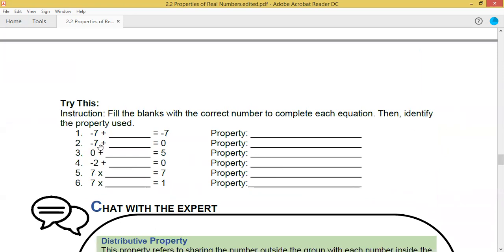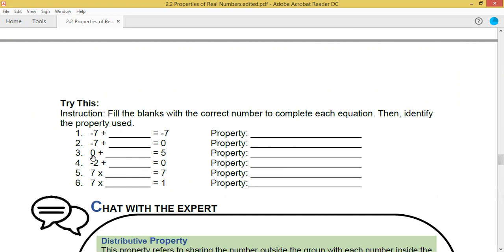Negative 7 plus blank equals 0. The answer is 0. So it means that we've applied the inverse property. Now what's the opposite of negative 7? It is 7.